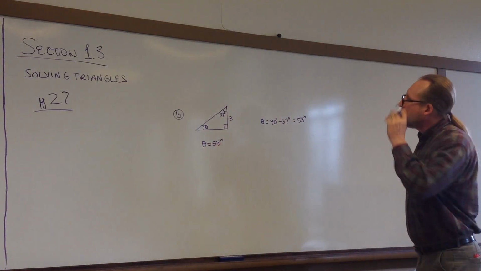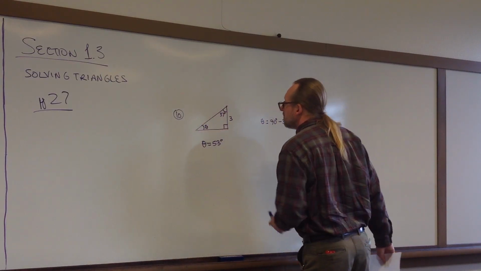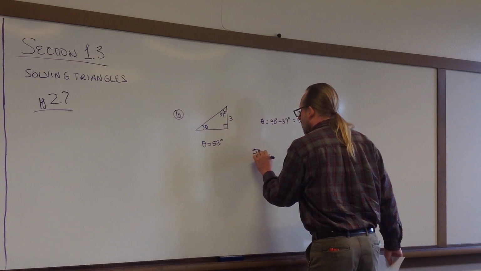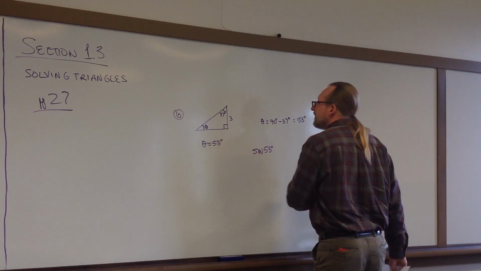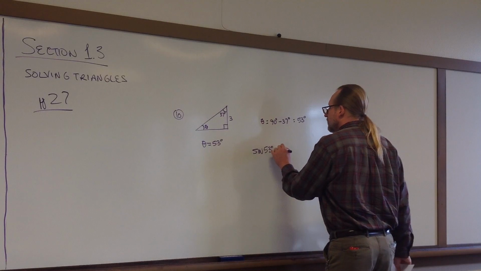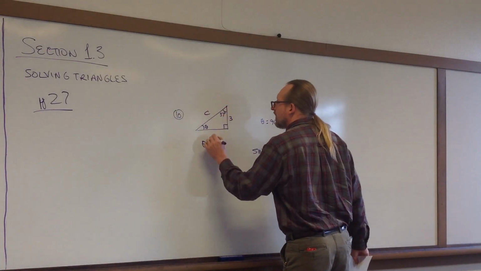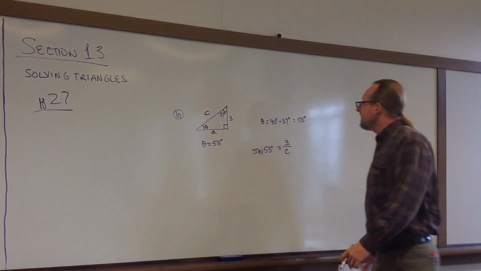Okay, and since those are both exact values, it doesn't matter, we can use either one. So I'll say the sine of 53 degrees is going to be equal to 3 over c. If I call the hypotenuse c and I call this one a.